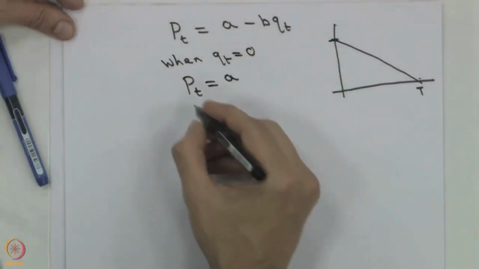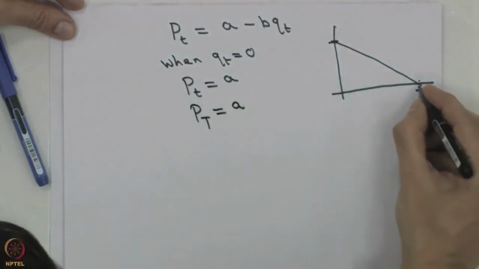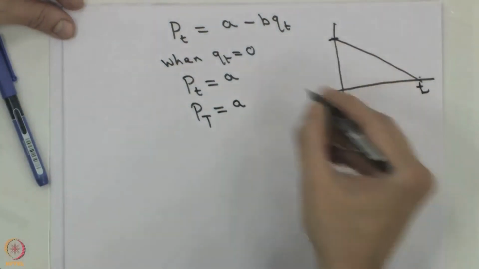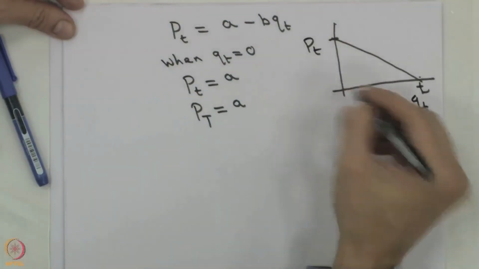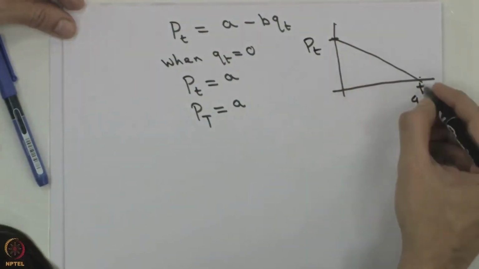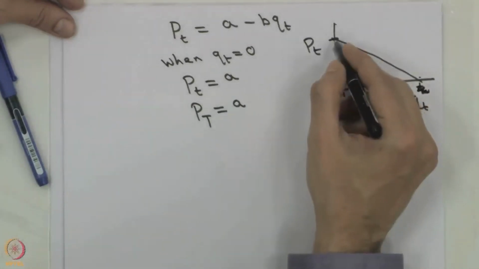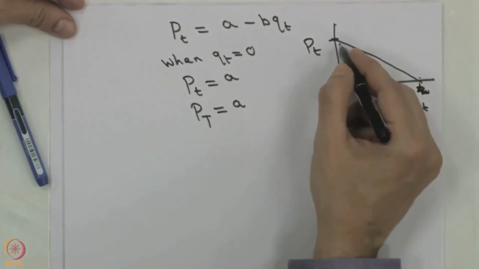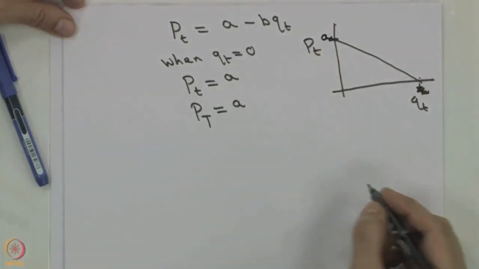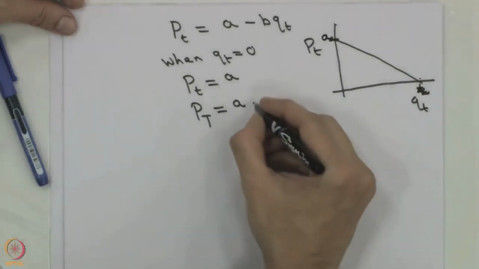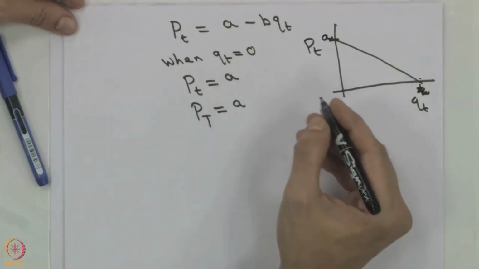Let us call this time interval T. This is where we talk of Pt and Qt: at the time when Qt is equal to 0, Pt becomes equal to A. This is A, and this is at a time when the resource has been completely utilized.